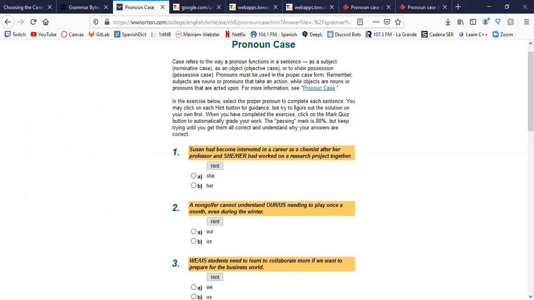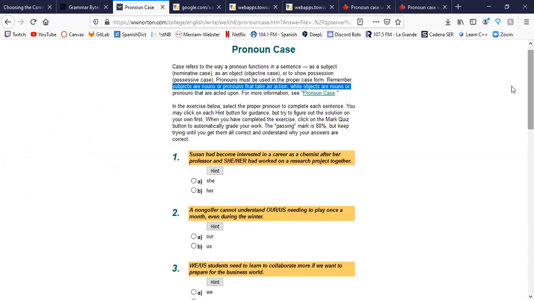Okay, so pronoun case. Case refers to the way a pronoun functions in the sentence. As a subject, nominative case, as an object, objective case, or to show possession, possessive case. Pronouns must be used in the proper case form. Remember, subjects are nouns or pronouns that take an action, while objects are nouns or pronouns that are acted upon.